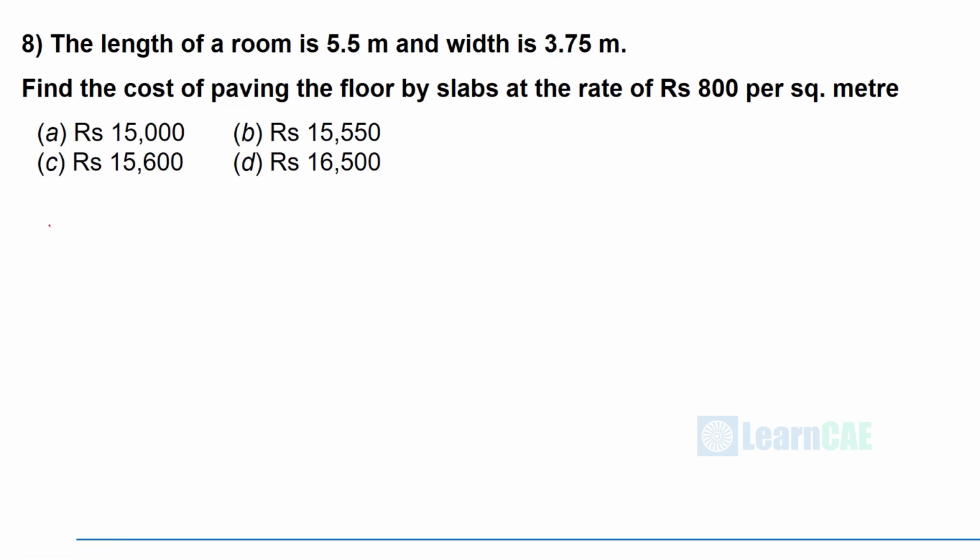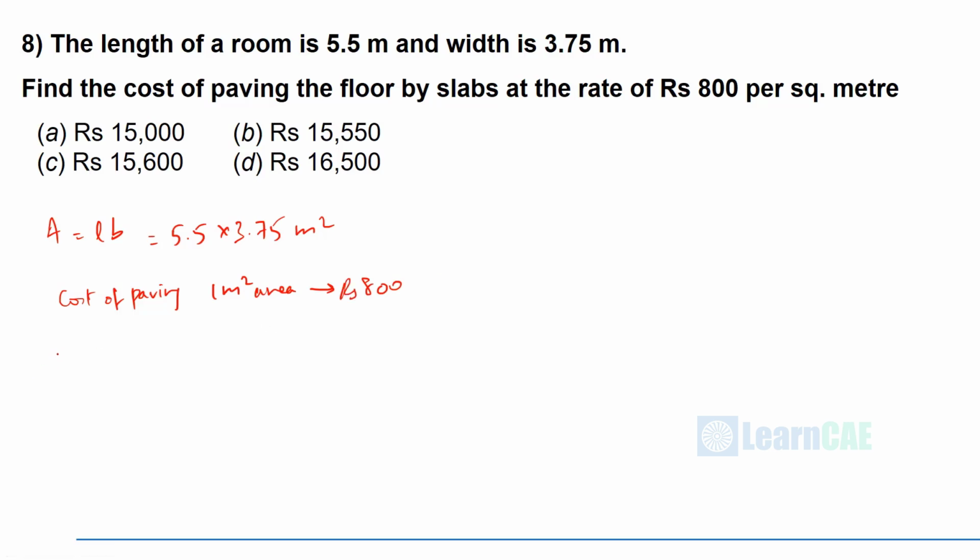The total area is given by L into B, which is 5.5 into 3.75 meter square. The cost of paving 1 meter square area is 800 rupees.